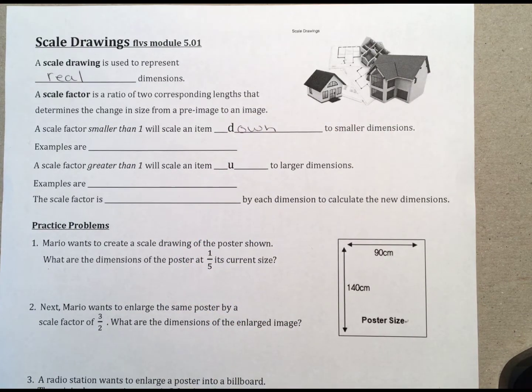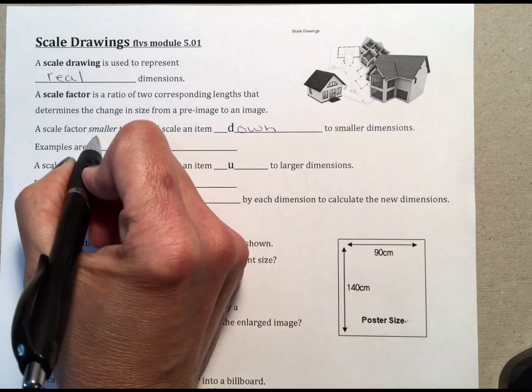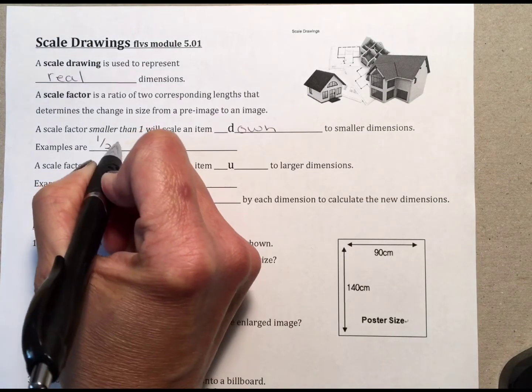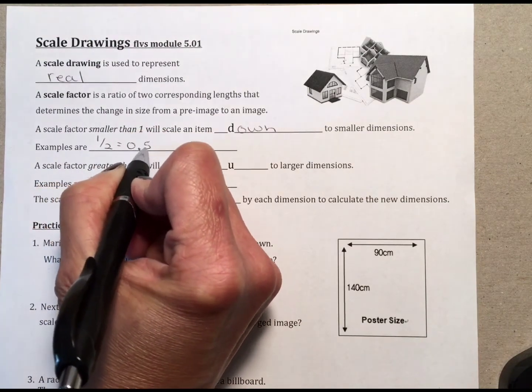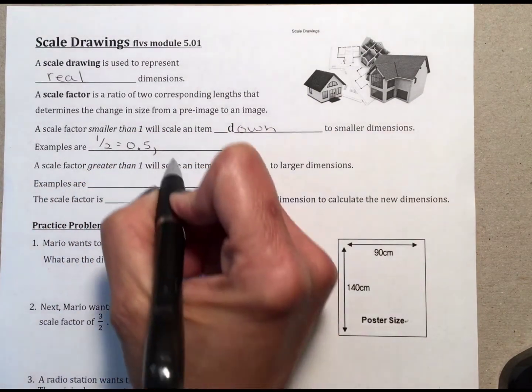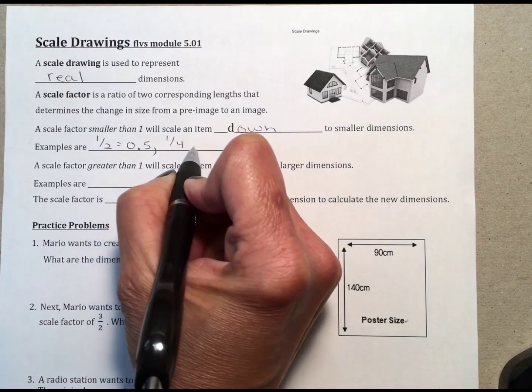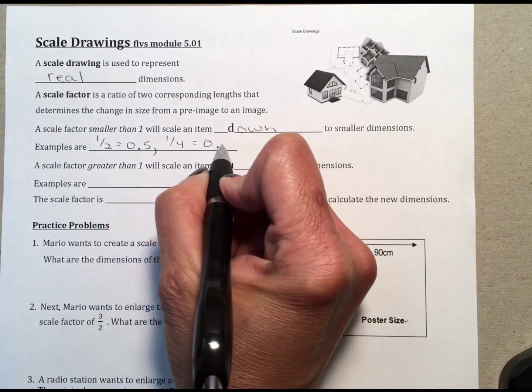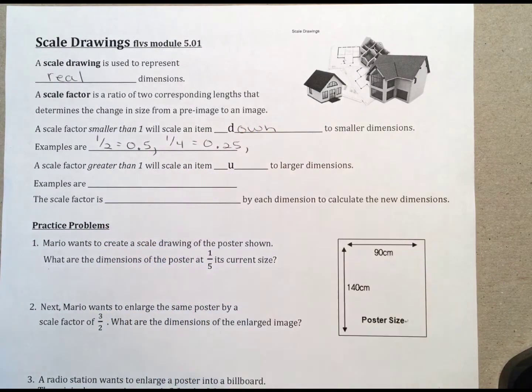And when we're looking at examples of scale factors that will scale down, we're looking at like 1/2, which is equal to 0.5. We might have 1/4, or you could use 0.25.